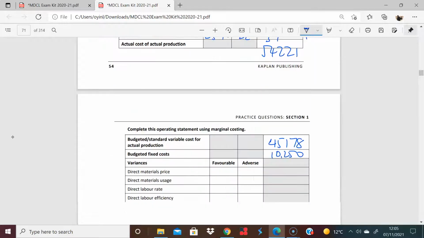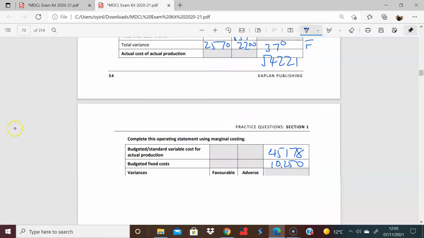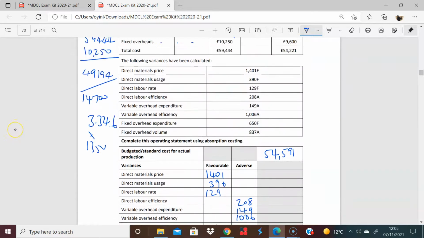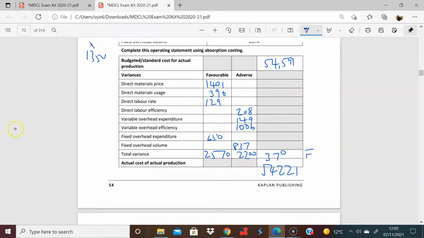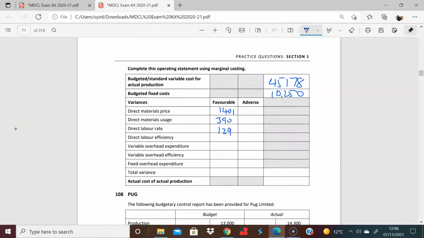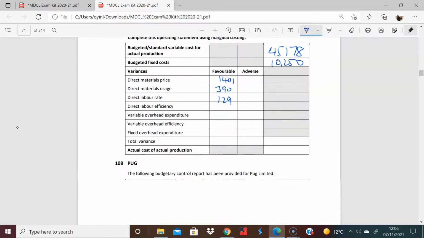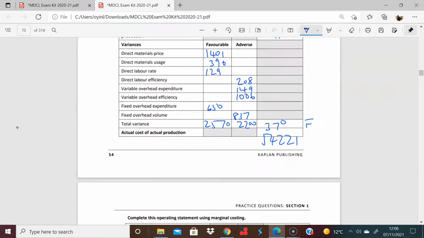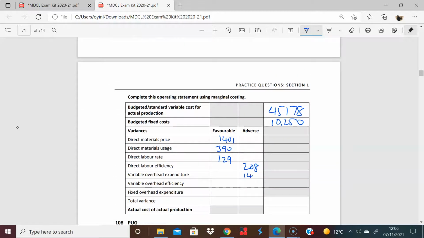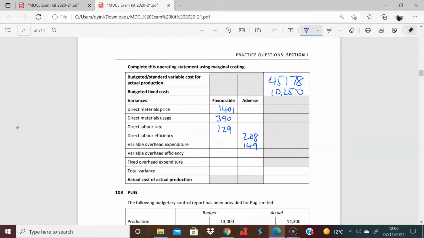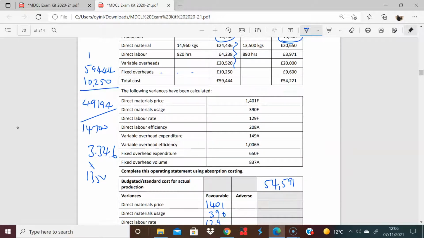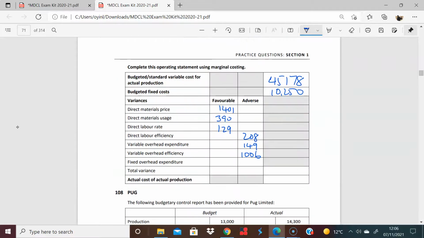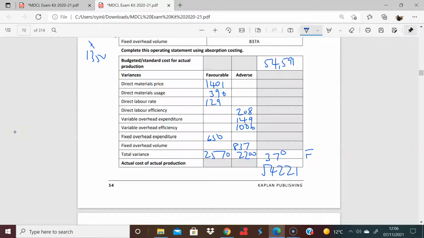Then slip in all the costs as before: 1401, 390, 129, 208, 149, 1006, and literally just the fixed overhead expenditure, which is 650. It's just what it was, 650. We're not including any of that volume business.